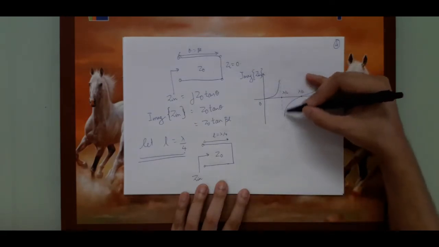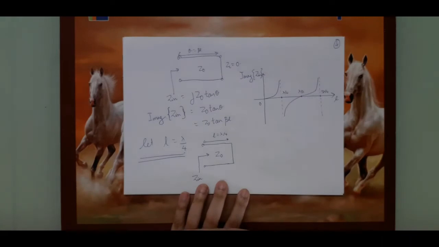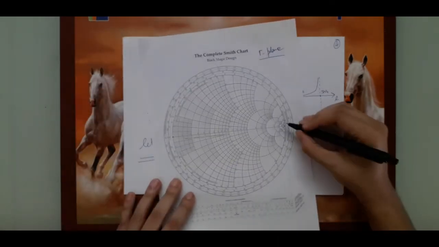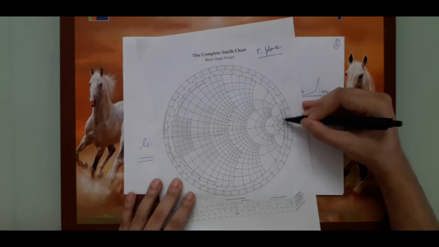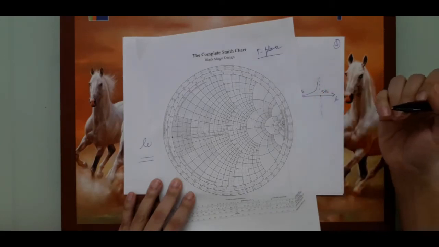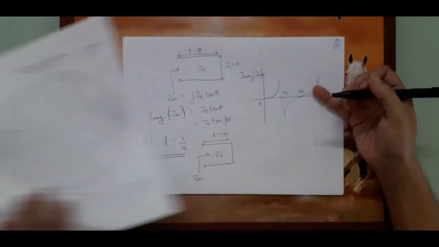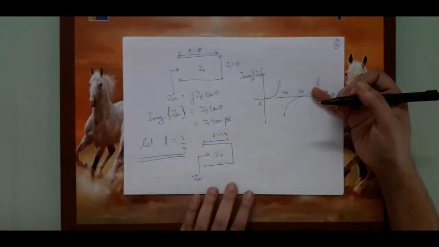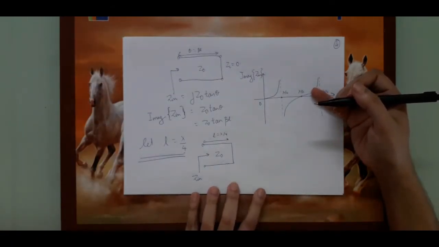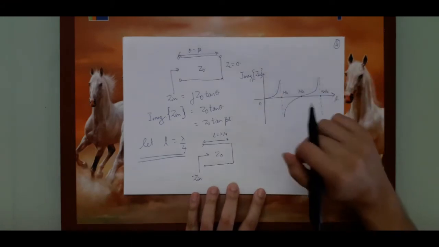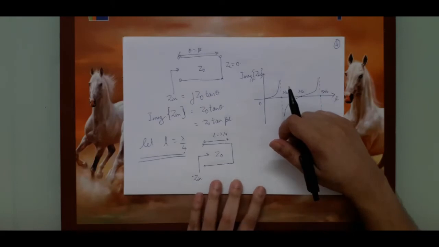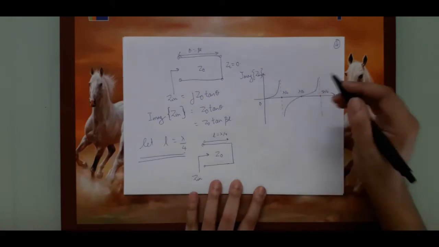But what is happening at lambda by 4? It is neither inductor nor capacitor. So it is like saying you are now at this point where earlier your reactance was positive, now it is going negative beyond this. So in some sense, it is a cross between an inductor and capacitor. But what exactly? What combination of inductor and capacitor will give us an infinite impedance in magnitude?